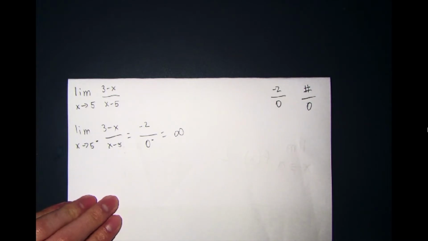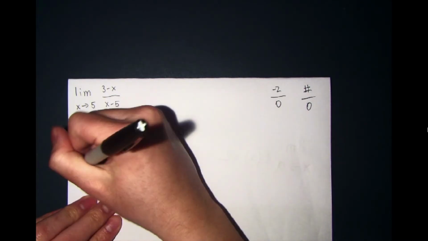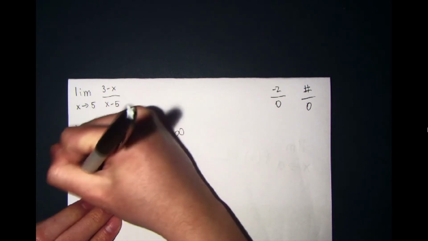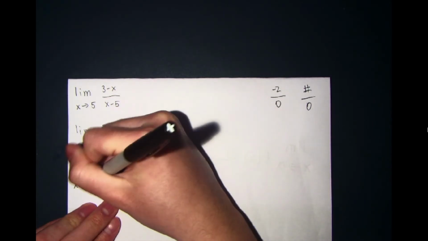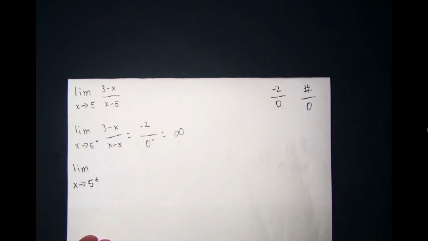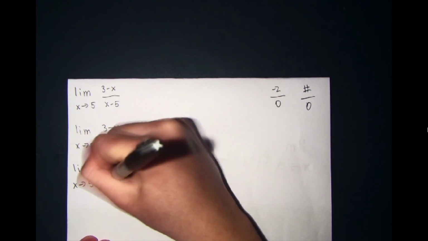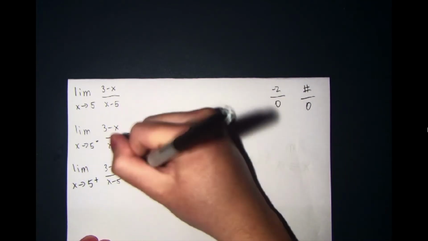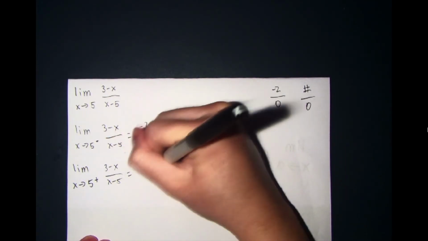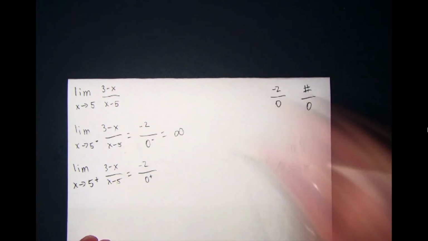Then after getting the left-hand portion of the limit, you'll get the right-hand portion. So it's the limit as x approaches 5 plus of 3 minus x over x minus 5. What you get for this one is negative 2 over 0 plus.